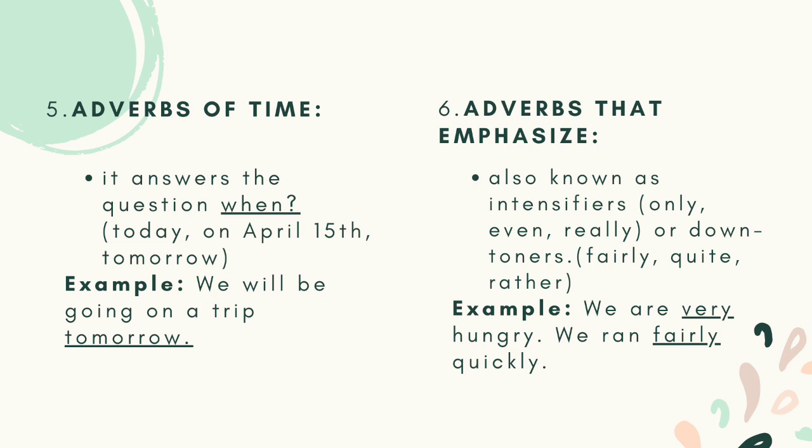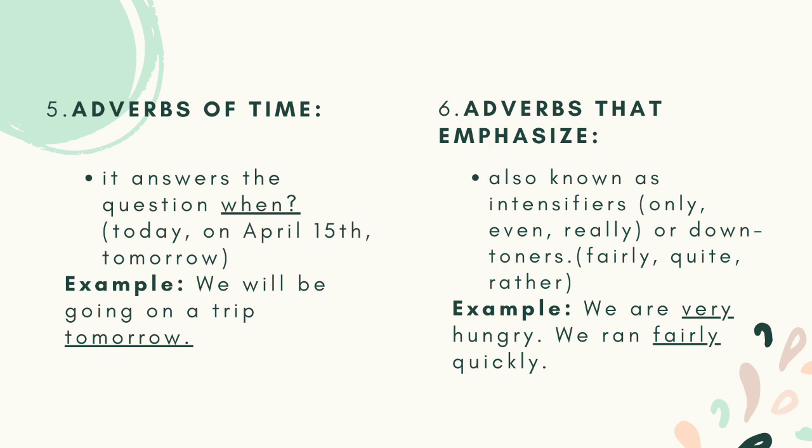Now lastly is the sixth kind of adverb, which is adverbs that emphasize, also known as intensifiers, which includes only, even, really, or downtoners, which includes fairly, quite, or rather. So here is an example of adverbs that emphasize or intensifiers being used in a sentence.